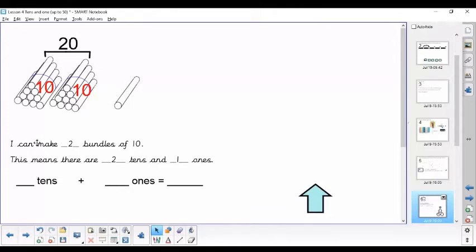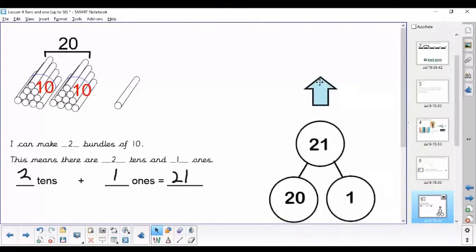If I was going to complete these number sentences, I would say I can make 2 bundles of 10. This means there are 2 10s and 1 1s. If I was going to complete this number sentence, I'd put 2 10s and 1 1s makes 21.